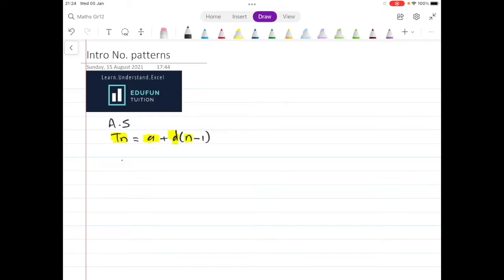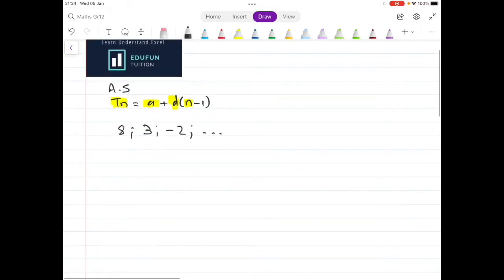Now, all we're going to do is let's put a basic one, 8, 3, minus 2, and so onwards. And what we're going to do now is just basically find out what the general term for this is. So the general term is basically the Tn formula. That's what we need to know. All right, so it's just going to be Tn.